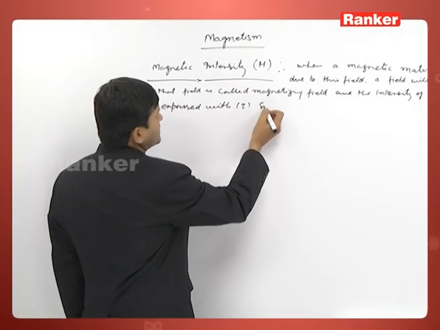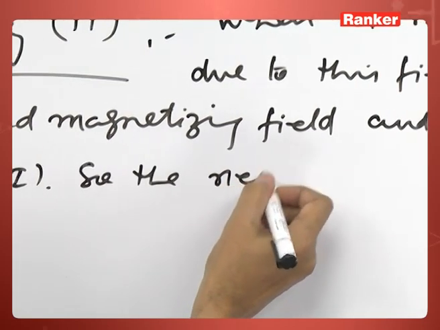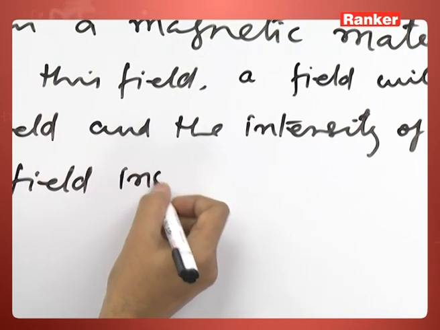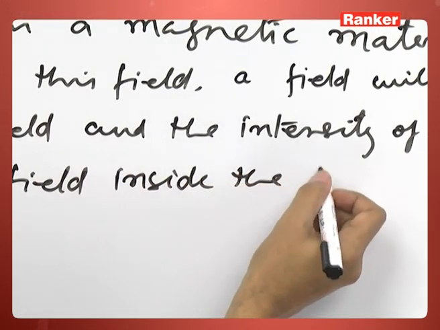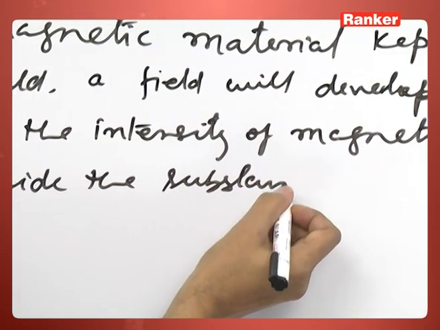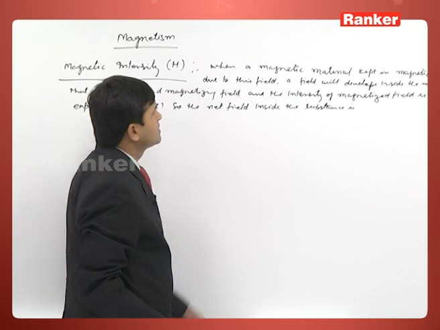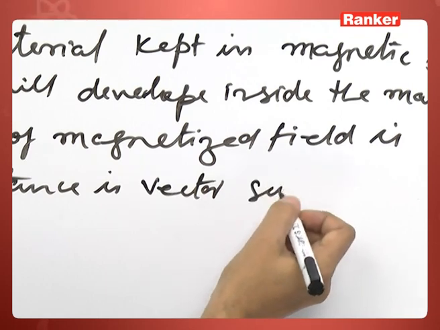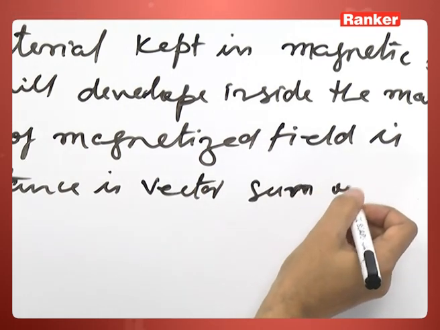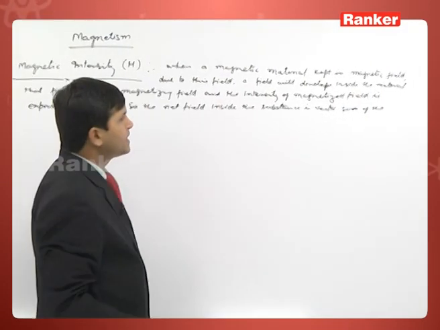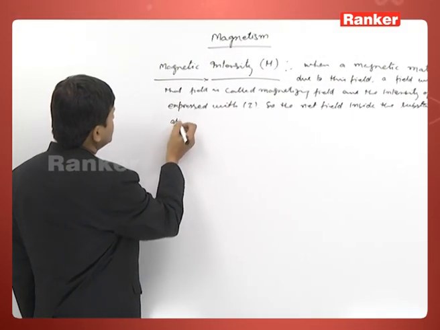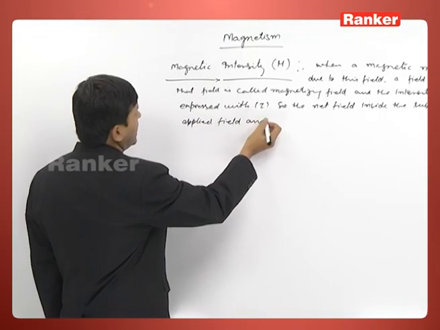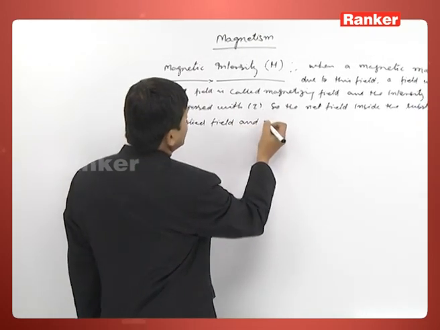So the net field inside the substance is the vector sum of the applied field and the magnetized field.